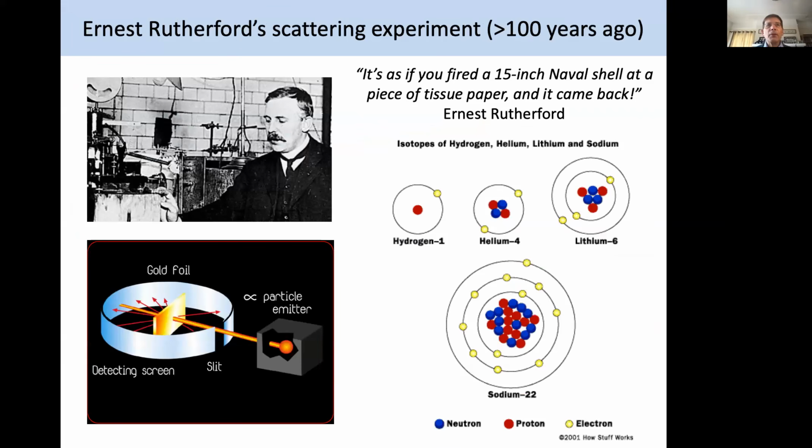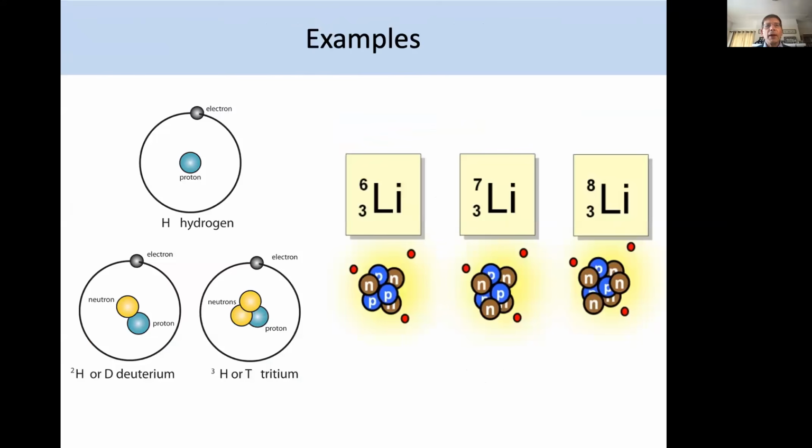Okay, we talked about Rutherford and the discovery of atoms. We mentioned that, and we'll go back into the whole thing about the chart of the nuclides and the value of stability.